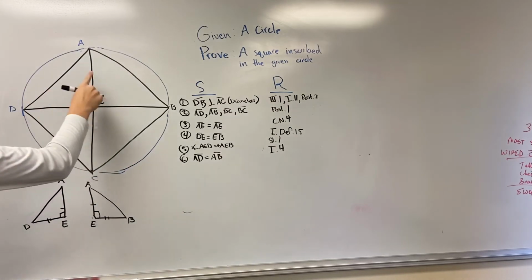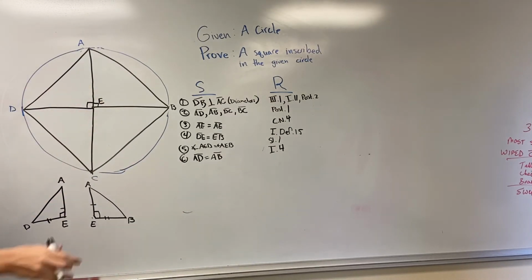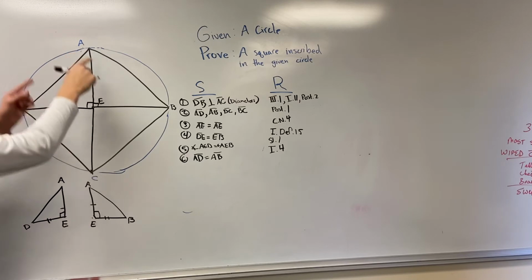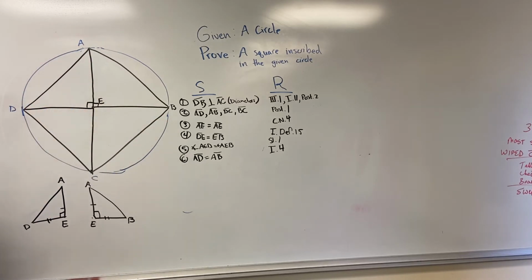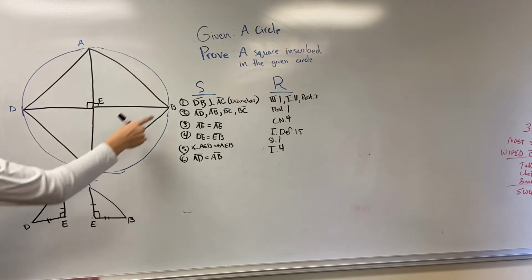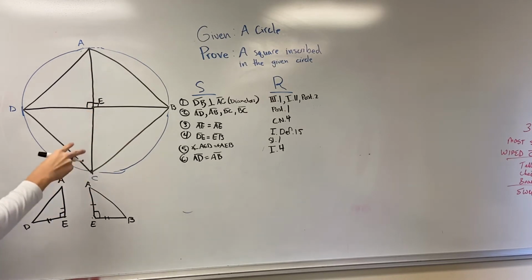So proving that AD is equal to AB, you could do the exact same thing on every side, since it's all going to be equal, since it's about the diameter and it's cut right in the middle at the same points. So you could do the same thing to say AD is equal to DC, BC is equal to AB, and then combine all of it.